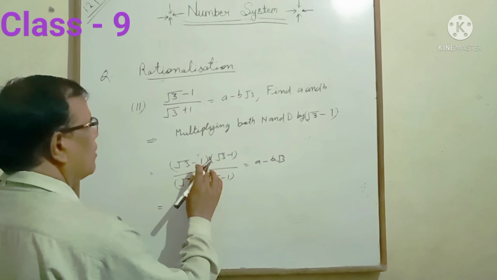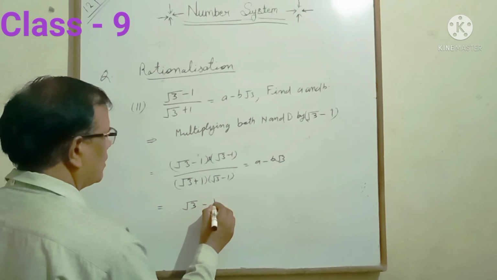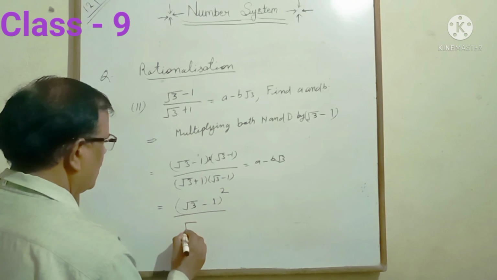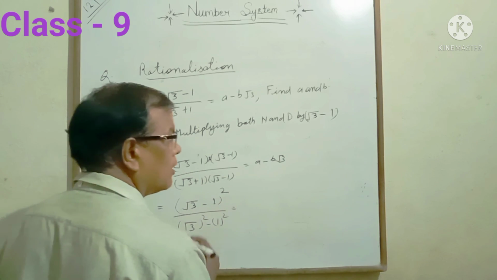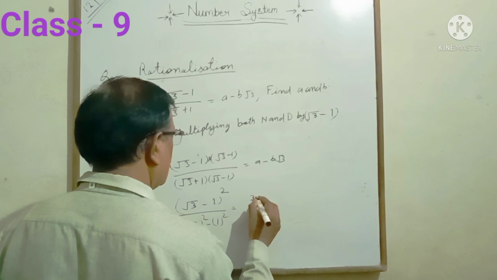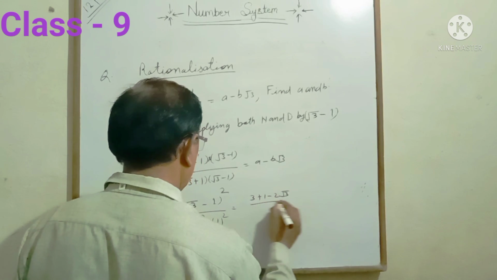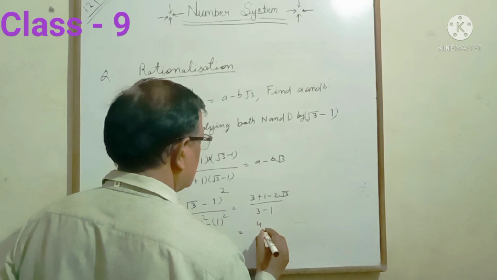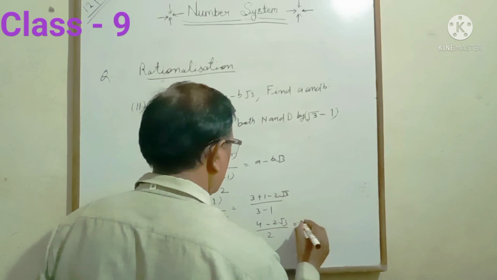Now in the numerator, it is the whole square of root 3 minus 1. So we write the whole square of root 3 minus 1 by root 3 whole square minus 1 whole square. It is a minus b whole square. Now the whole square of root 3 is 3, plus 1 is 1, minus 2 root 3, by 3 minus 1. Now we get 4 minus 2 root 3 by 2.